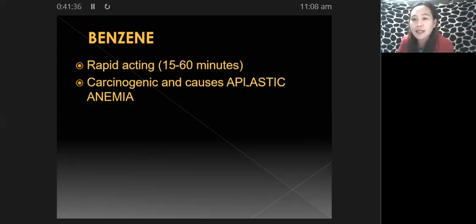So when we say aplastic anemia, your bone marrow is not capable of producing blood cells. Remember, when we talk about bone marrow cellularity, there should be an adequate proportion of hematopoietic cells present in your bone marrow in proportion to your adipose cells.